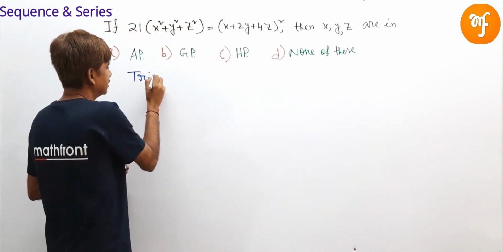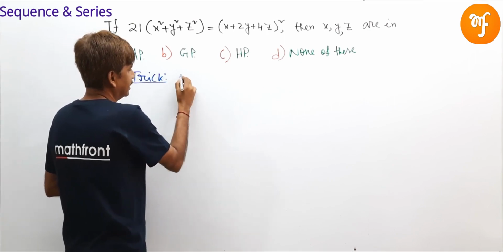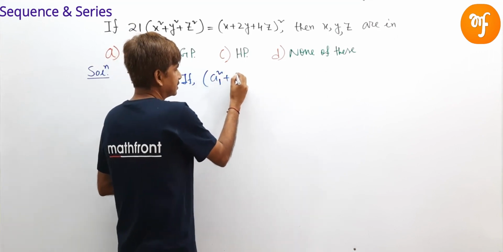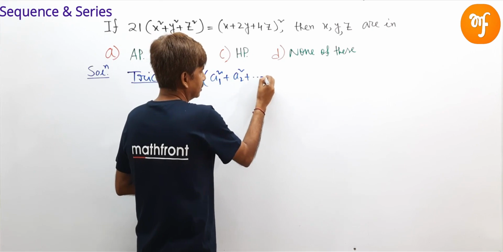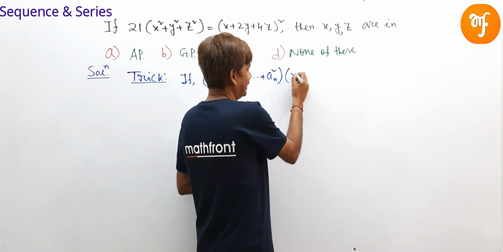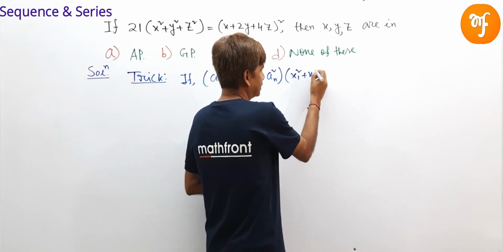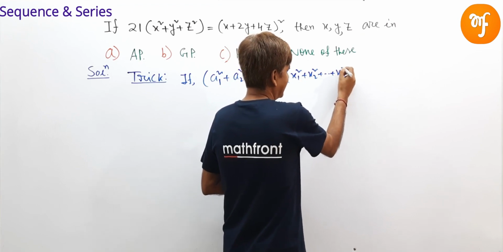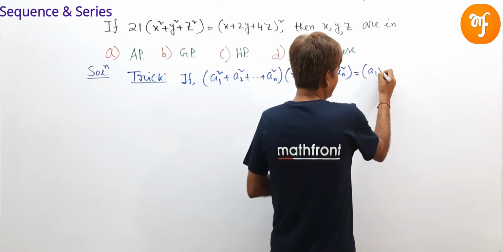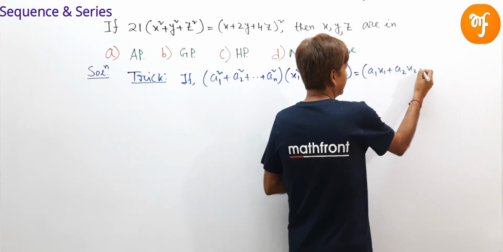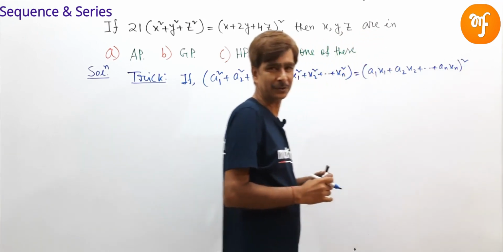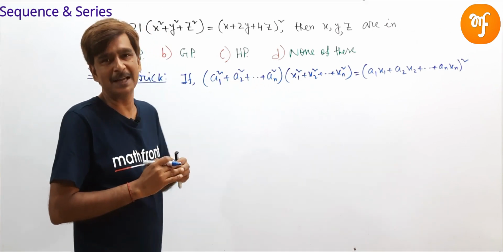The trick is, if a1 square plus a2 square plus till an square into x1 square plus x2 square plus till xn square is equal to a1 into x1 plus a2 into x2 plus an into xn whole square, then this identity is known as Lagrange identity.